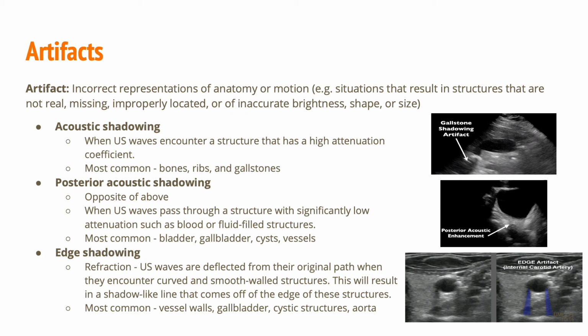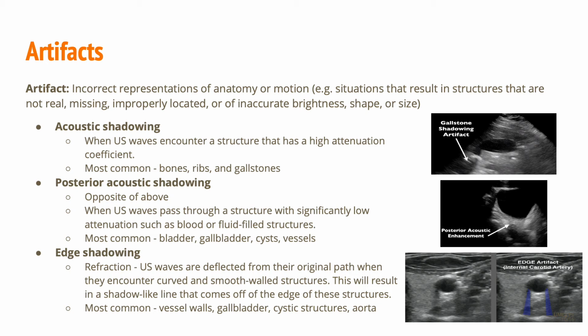There are a lot of them, and I just put down some of the most common ones, but you need to know what the structure should look like on an ultrasound image, and you have to know about some of these artifacts. Some of them can be corrected and some can't, but if you don't know what it is that you're supposed to be looking at, it can affect the ultrasound image and then possibly how you diagnose something.